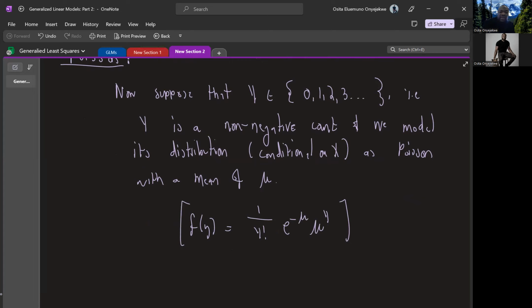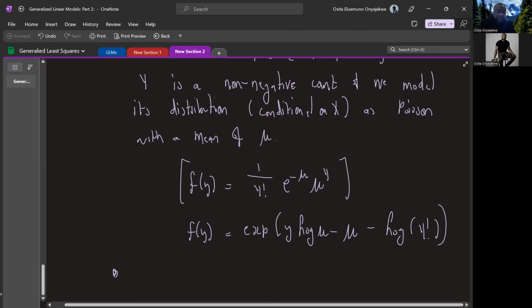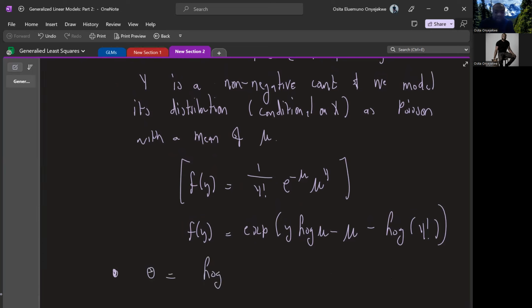And then we can rewrite this, and we're going to end up with f of y is equal to the exponential of y log mu minus log of y factorial. So now that we've gotten into the exponential form, here we can say that theta is equal to the log of mu, and we have this as our natural parameter.